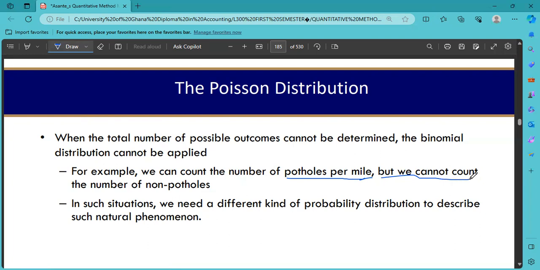In such situations, we need a different kind of probability distribution to describe such natural phenomena. So that's why we use the Poisson distribution.